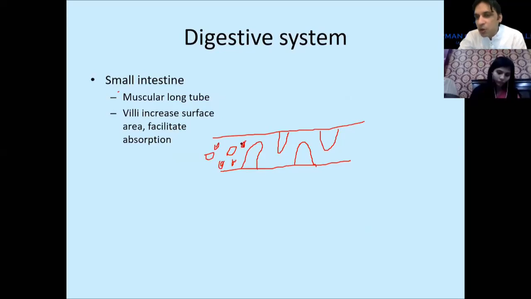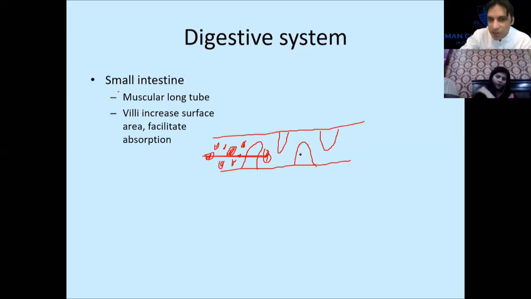There must be amino acids, there must be fatty acids, there must be glucose, and also what else? The big undigestible part of the food. Because there is a lot of food which is not digested. It's also there.